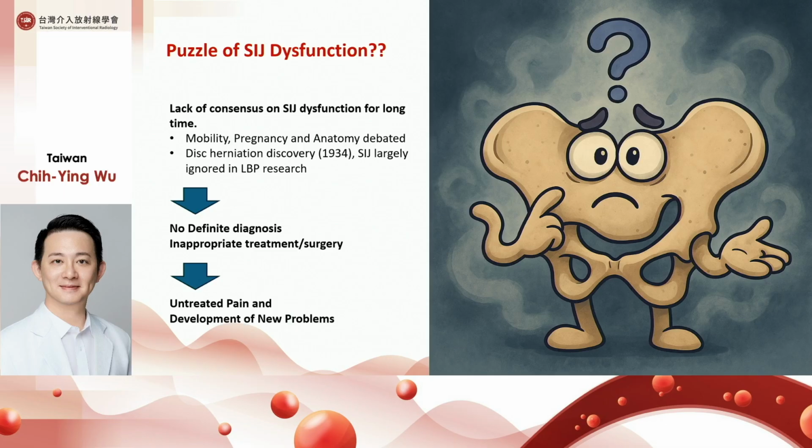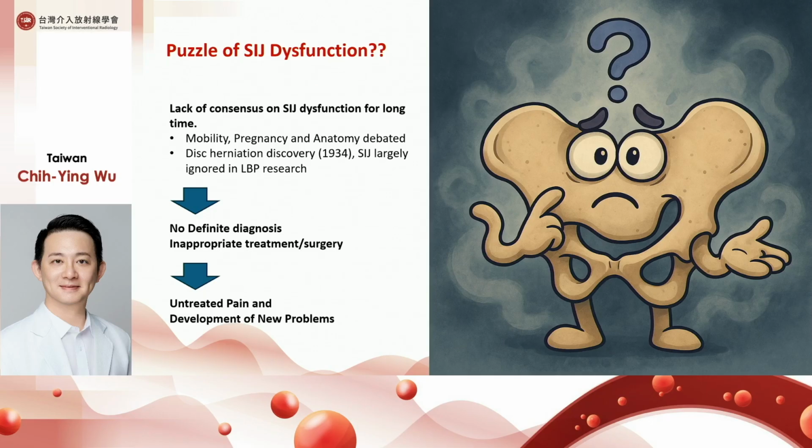It has been a long time. There is a lack of consistency about SI joint dysfunction, because its mobility, its role in pregnancy, and anatomical variation remain controversial.